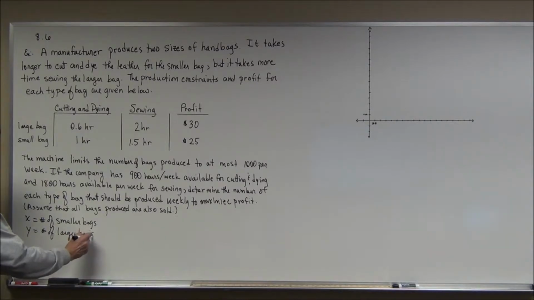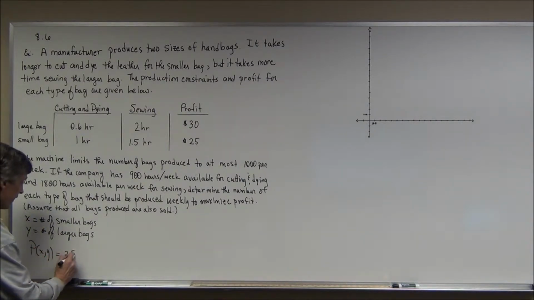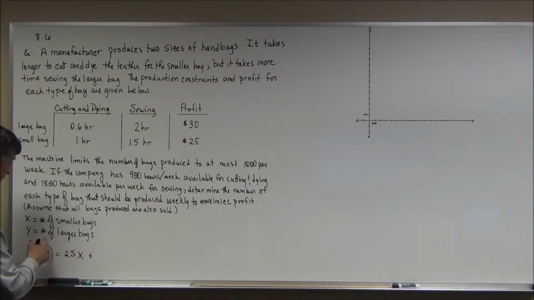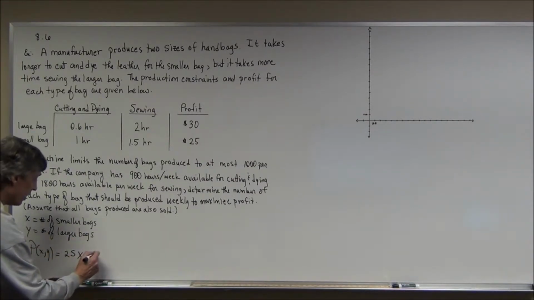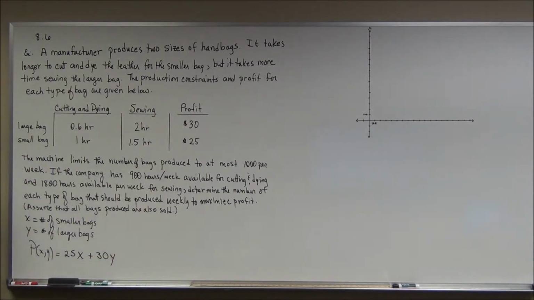Now I can go ahead and write my profit equation in terms of those 2 independent variables X and Y. Since I make $30 a large bag and $25 a small bag, this would be 25 times X, the number of the small bags, $25 profit each time, and $30 for the large bag, 30 times Y. That's my profit equation. This is what I'm going to try to maximize right there.